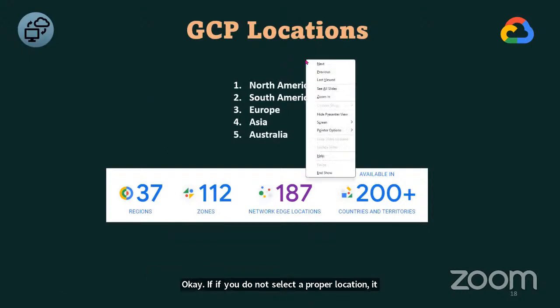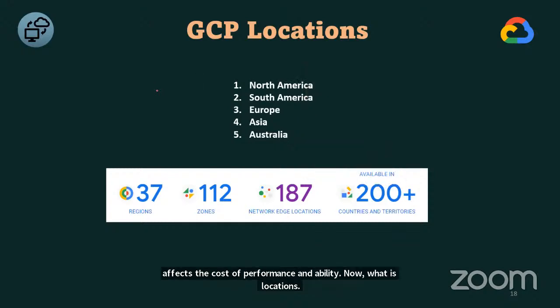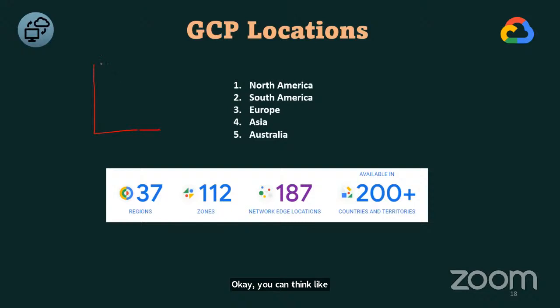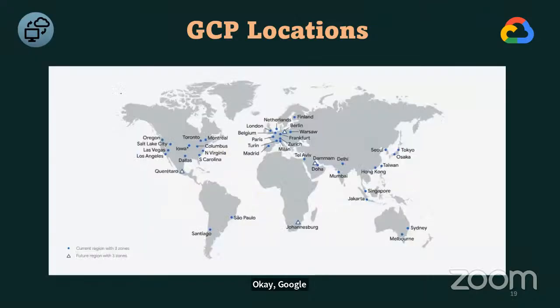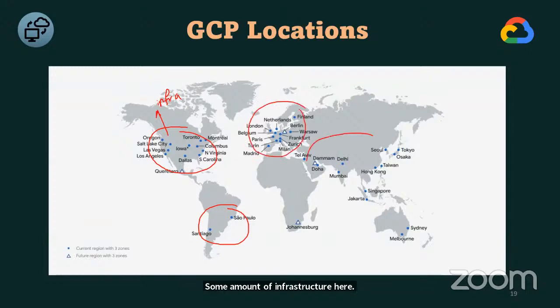Now what are locations? You can think of it like this. Assume that Google Cloud Platform has plenty of infrastructure. What Google Cloud Platform has done is keep some amount of infrastructure here, here, here, here, and here.